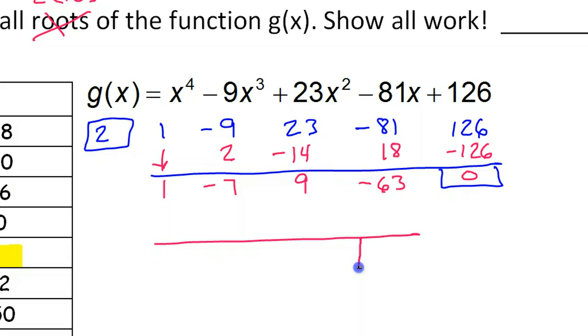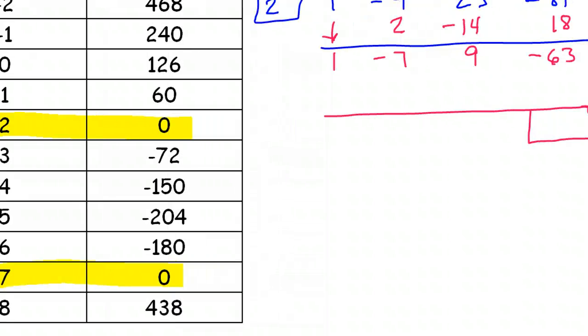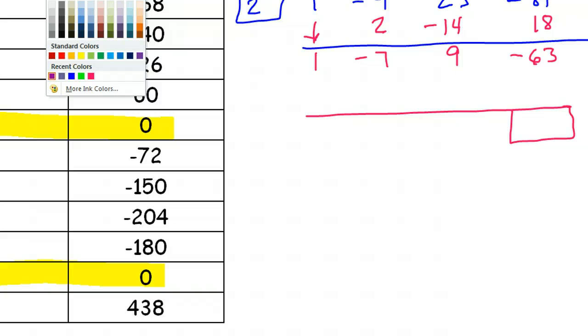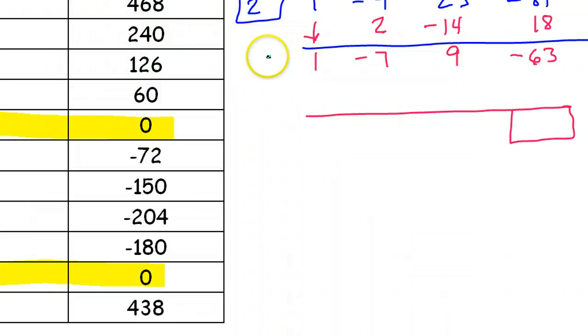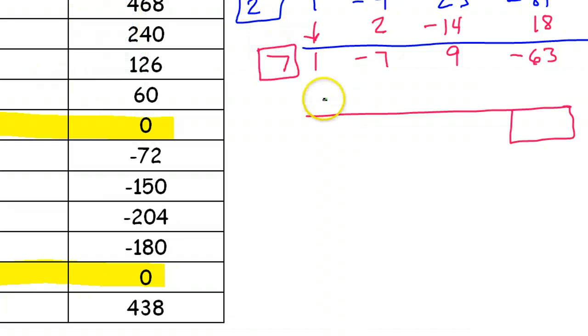Because I have another 0, I'm just going to pick up where I left off and do the next 0. So the next 0 is 7. Okay, so if I bring down the 1, I multiply, I get 7. Add, I get 0.